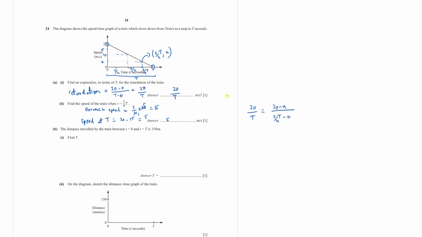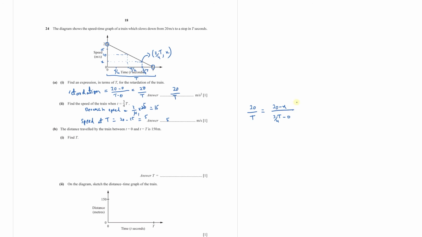The change in y, delta y, is a decrease from 20 to x, and the change in x is 0 to 3T by 4. If you use these 2 points to calculate the gradient, it should be the same as what you calculated initially, which is 20 by T.